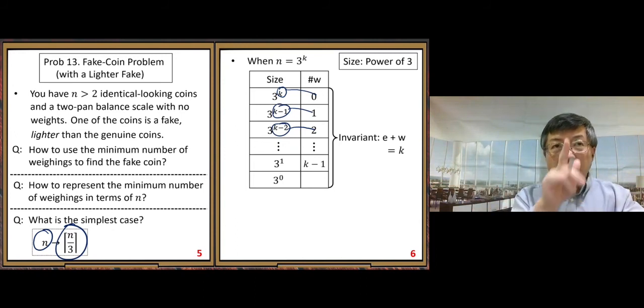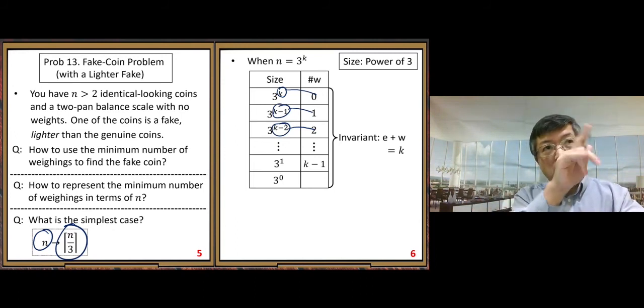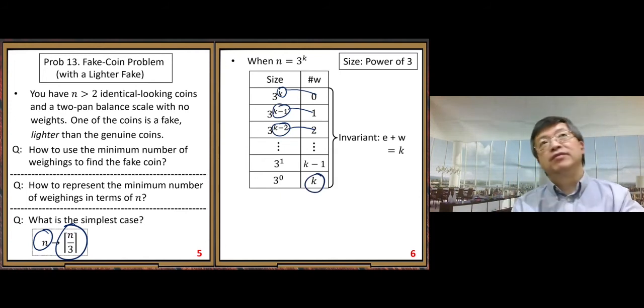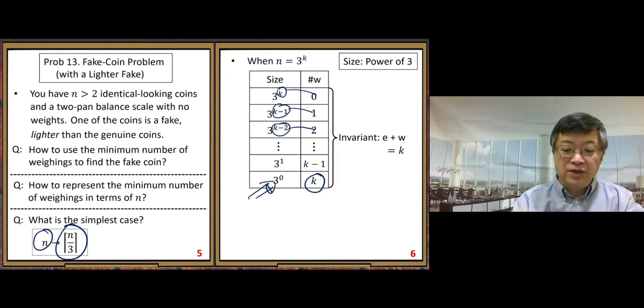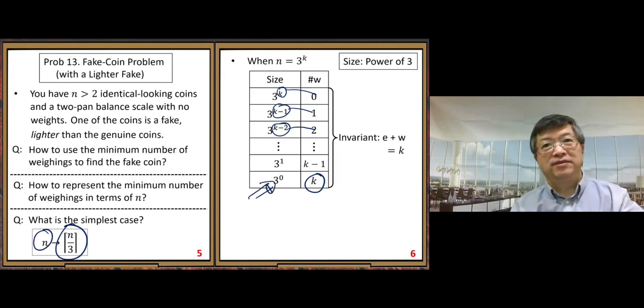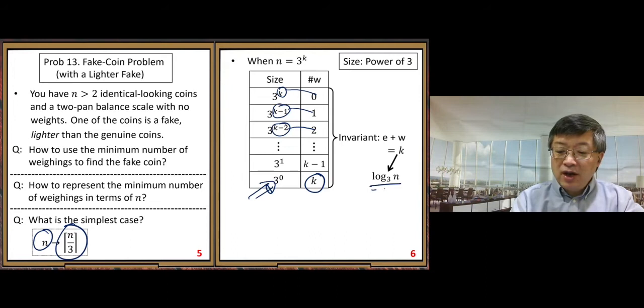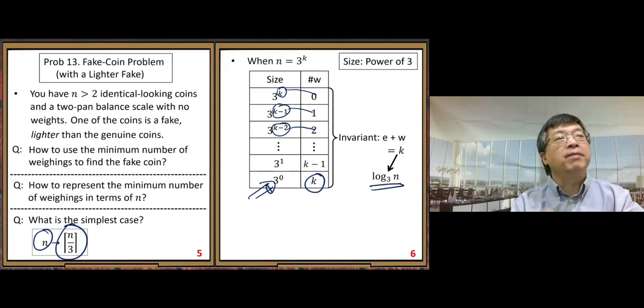Last one, when the problem size becomes 1, 3 to the 0 power, then the number of weighings is K. So you can see the total number of weighings to reduce the problem size to 1 is K. So that's the answer. K equals log base 3 of n.